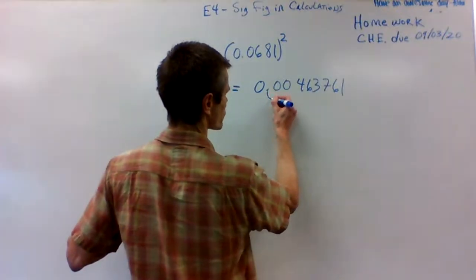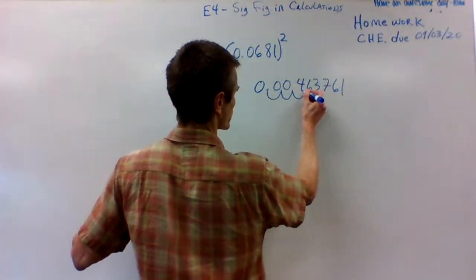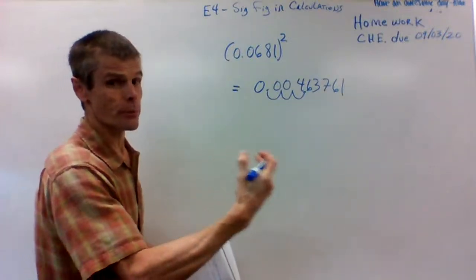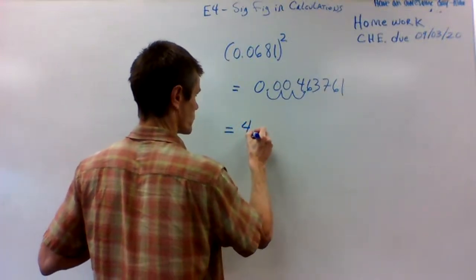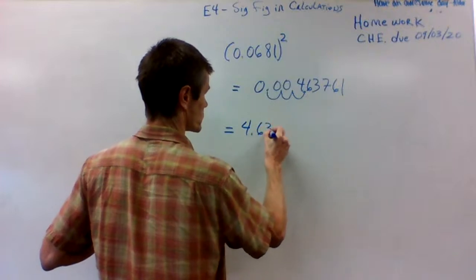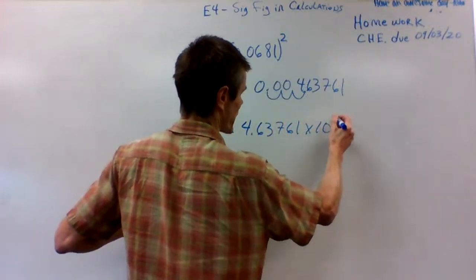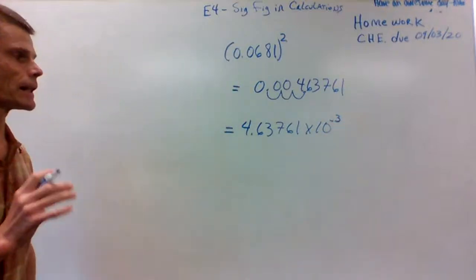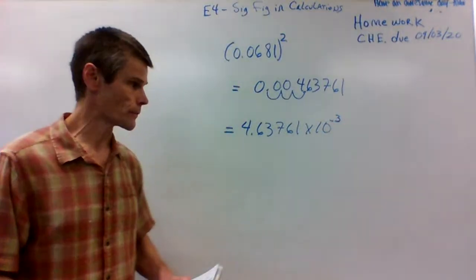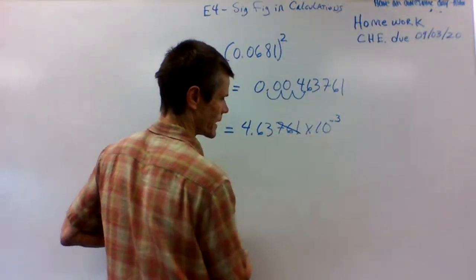So in this case, 1, 2, 3. We move our decimal 3 positions to the right, so that would be 10 to the negative third. Then we're limited to 3 significant figures, so we're going to drop that data off.